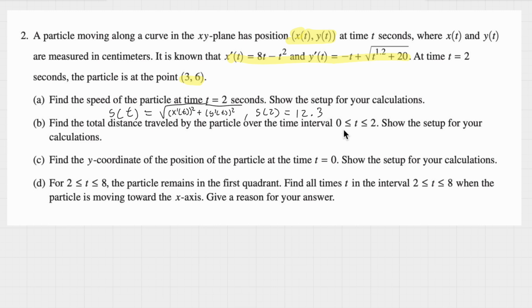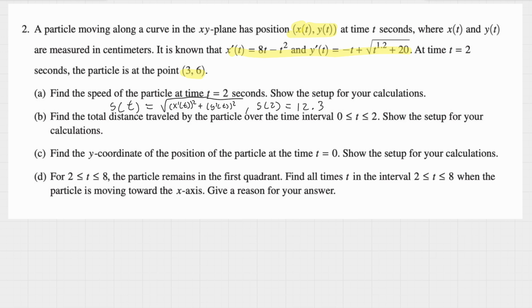Okay, B. Find the total distance. So when it says distance, it's not talking about displacement, where you just take the integral of a velocity function. It's the integral of the speed function, and that is the total distance. So in this case, it would just be from 0 to 2, oh sorry, it's not 12, it's 2, integrate s of t.